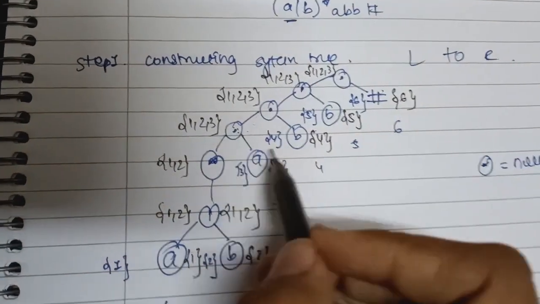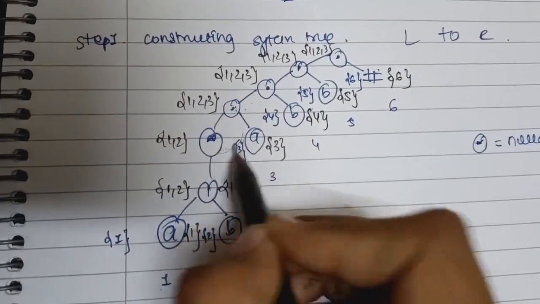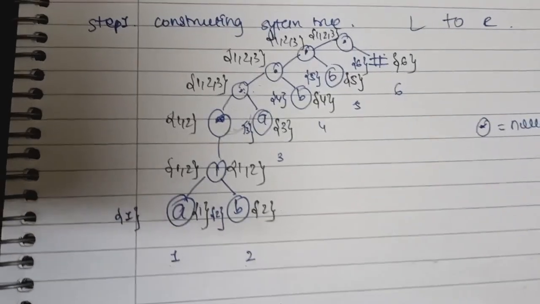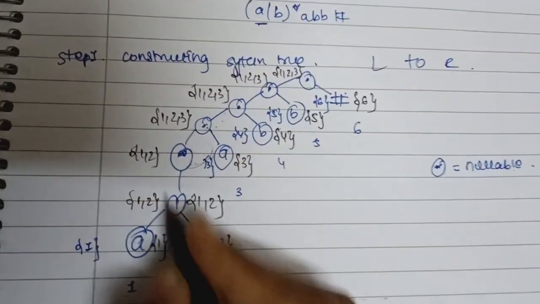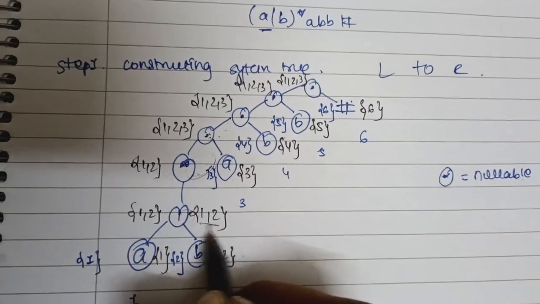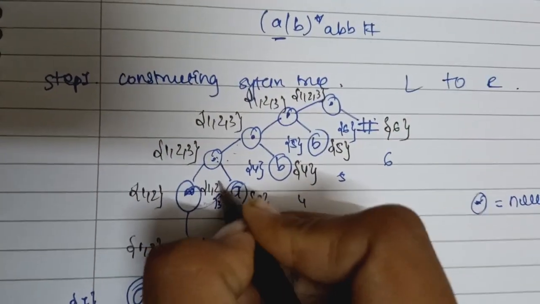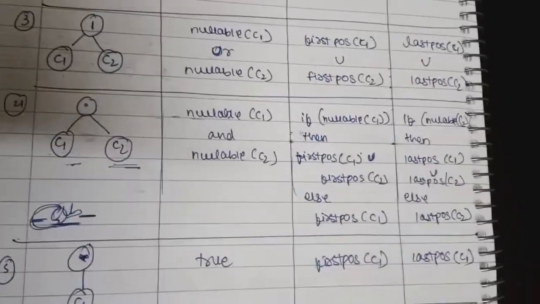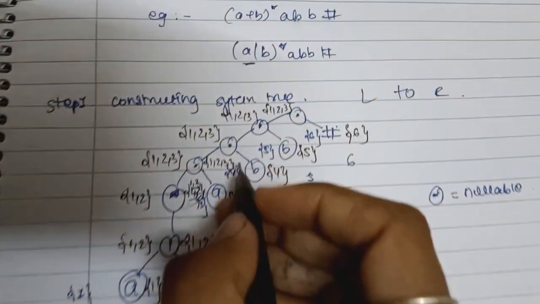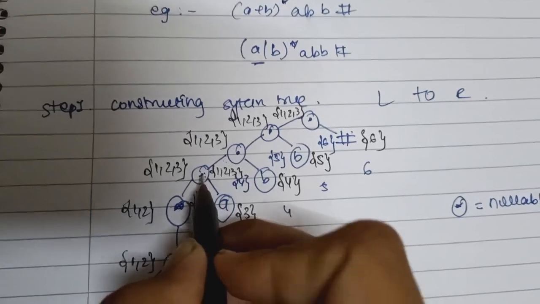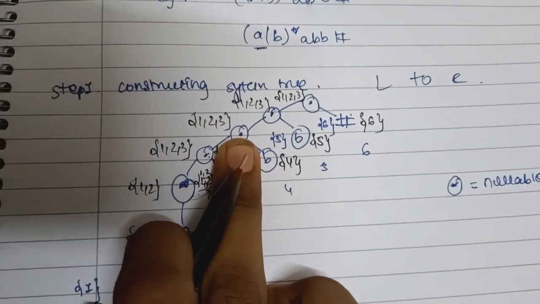So let's start with the last position of this star operator. The last position of this operator will be the last position of this C1, that is 1, 2. Now let's calculate for this operator.